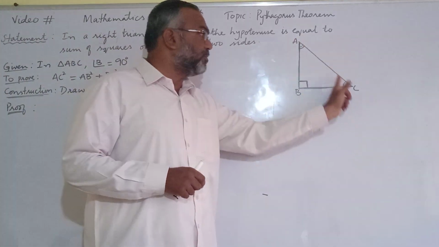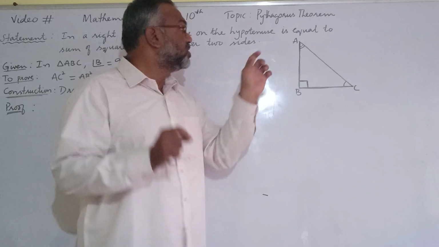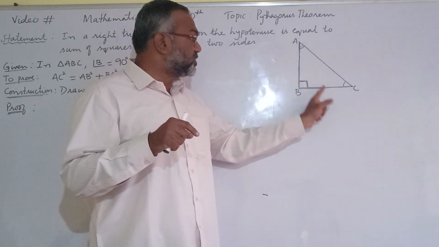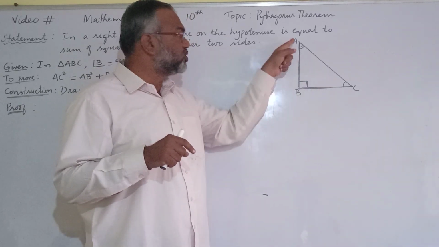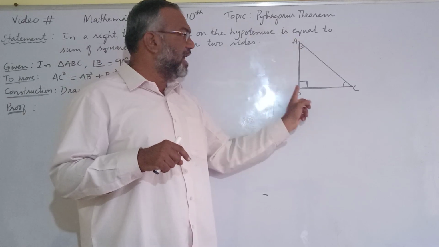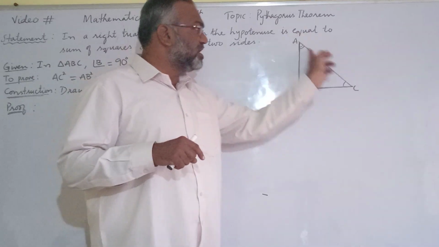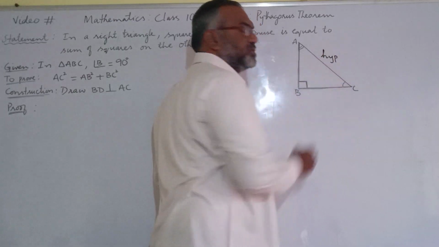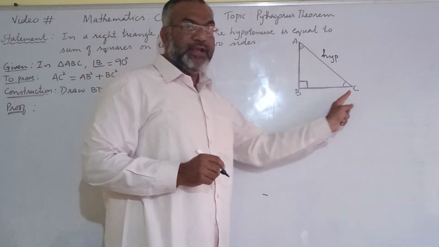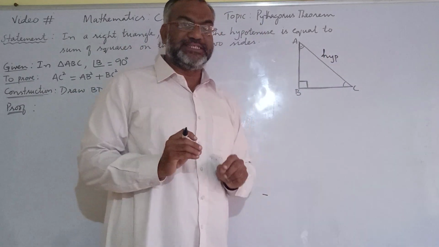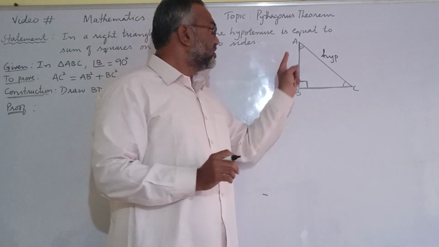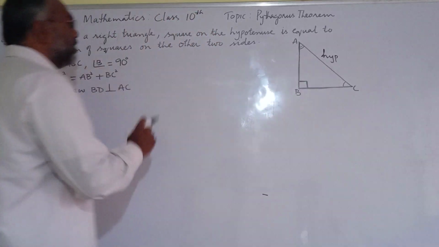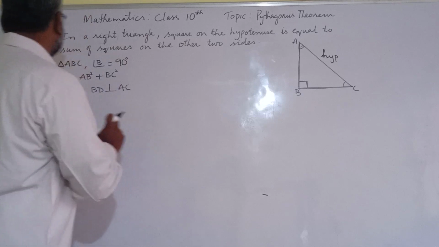The other two sides here are AB and BC. AC is the hypotenuse, and AB and BC are the other two legs, the other two sides. So the square of the hypotenuse will be equal to the sum of squares of the other two sides.